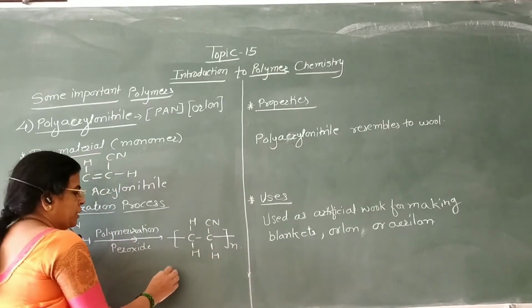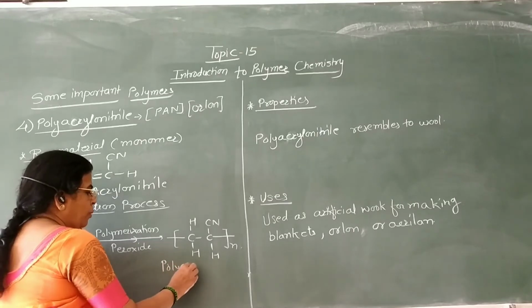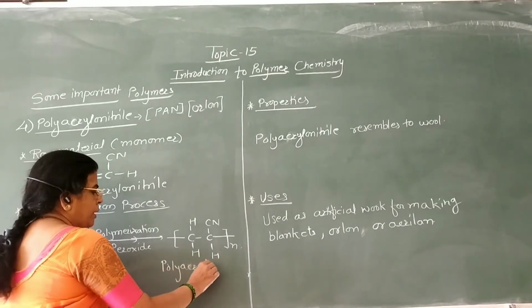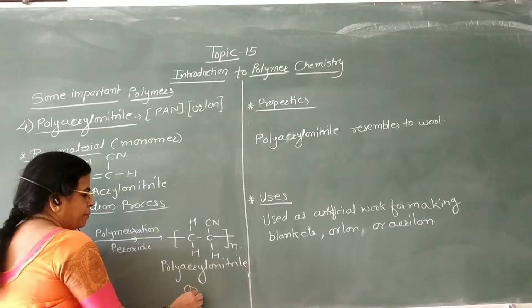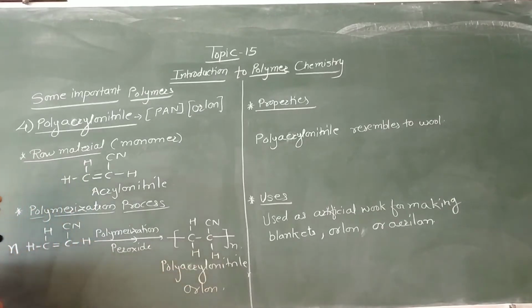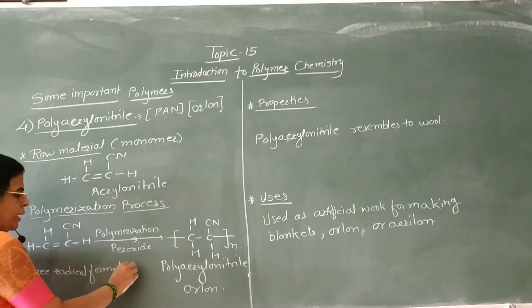This polymer is polyacrylonitrile or PAN, or Orlon. This is the polymerization process in which molecules of acrylonitrile undergo polymerization in presence of peroxide to give polyacrylonitrile or Orlon. This is also a free radical polymerization.